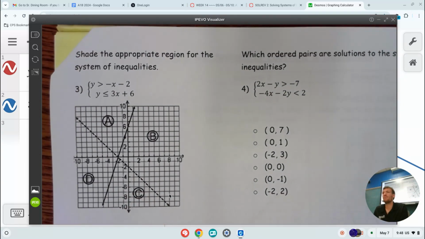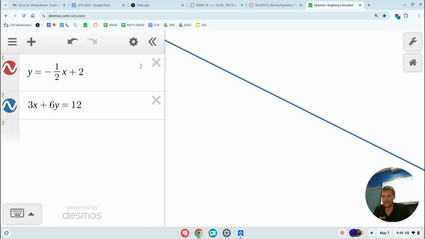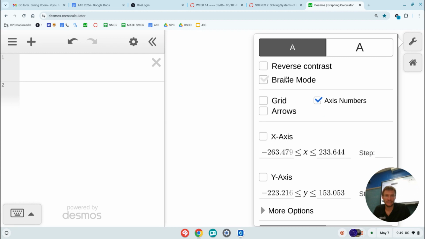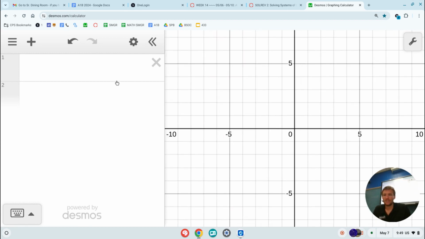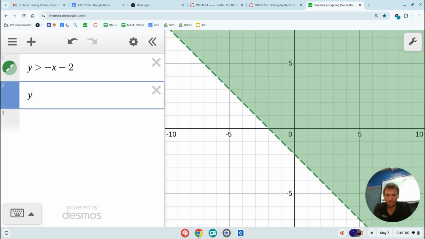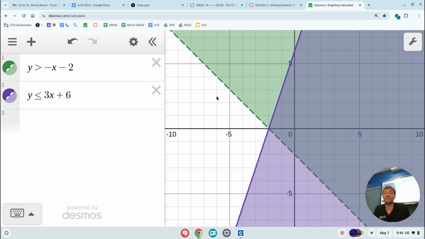And if you remember, we used to think, wait a second, which one is above, which one is below, which one is greater than. But the truth is, just type it in DESMOS, right? Just type this in. Let's see how it looks. Let me turn my stuff back on here, the grid. So if I just type this in DESMOS, y greater than negative x minus 2, y less than or equal to 3x plus 6, that's the picture that I see, except for now it is colored.